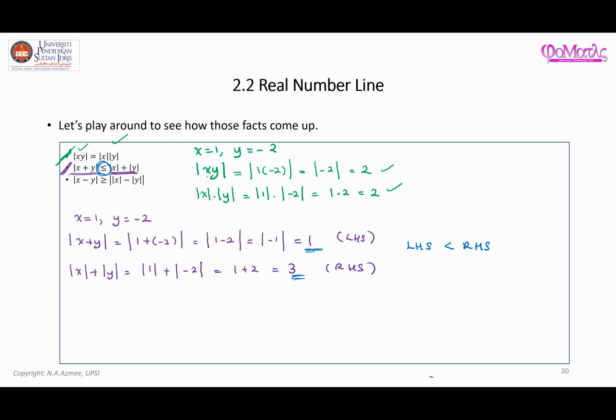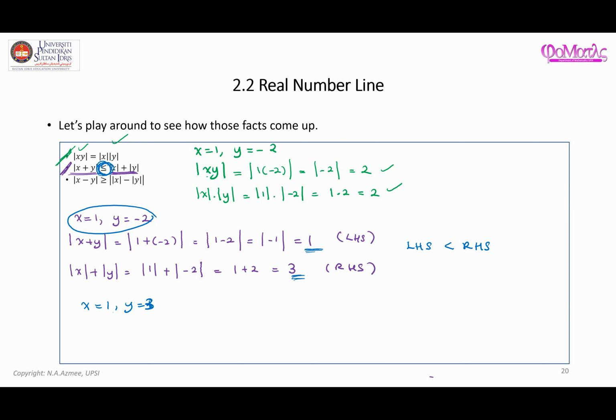So when do we get such a situation? Normally you will get left hand side equal to right hand side when you have numbers that have the same signs. For example, if you have x equal to 1 and y equal to 3, you have the same positive signs for both numbers.